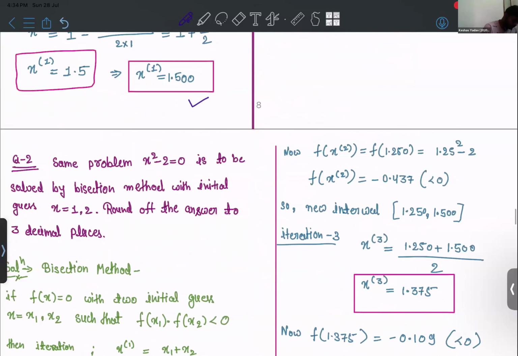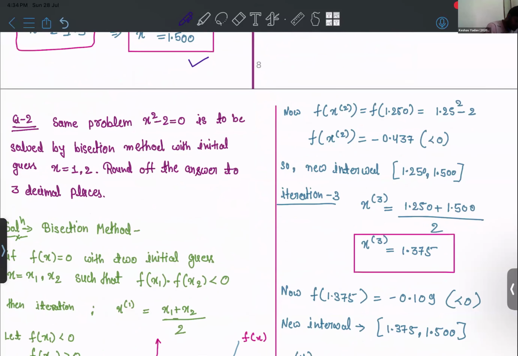Now the same problem, if we solve it by using the bisection method. So this function x square minus 2 is now solved using the bisection method. The initial guess was 1 and 2. Same, the problem needs to be solved up to the third decimal place, and we need to solve till the fifth iteration.